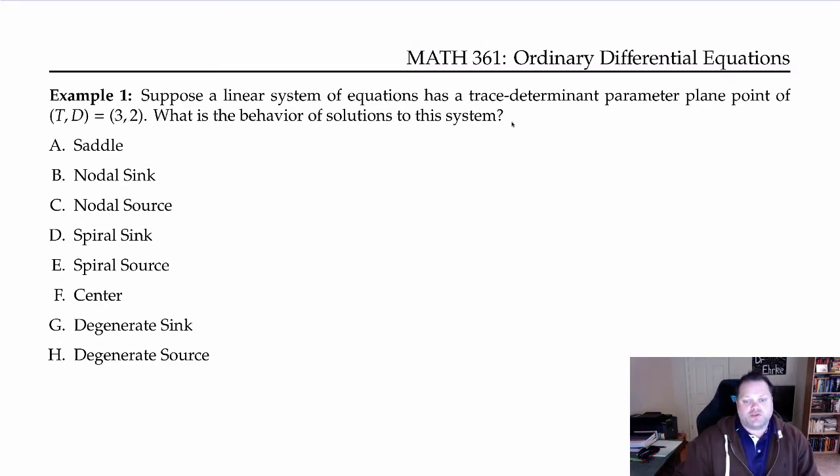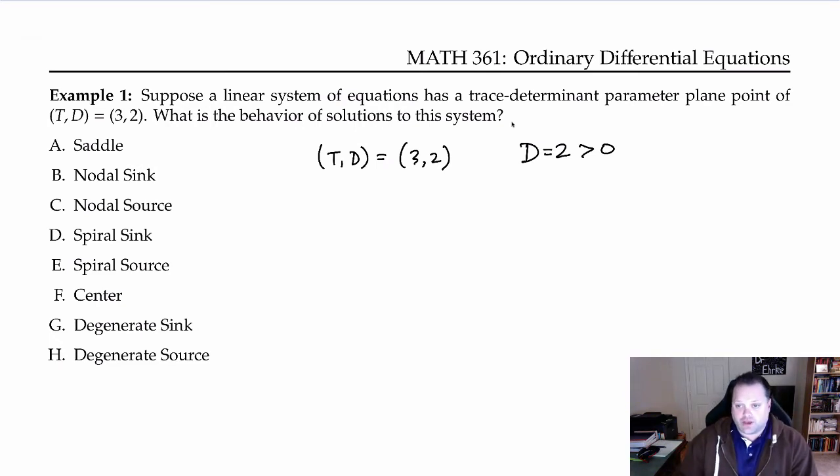What is the behavior of solutions to this system? All right, go ahead and pause it. Try it yourself. All right, if you haven't paused it yet, please do so. I'm going to take a look at this one with you. So let's see here. If we know the trace determinant is 3, 2, then I know that because the determinant is 2, which is positive, I know I'm not a saddle, okay?